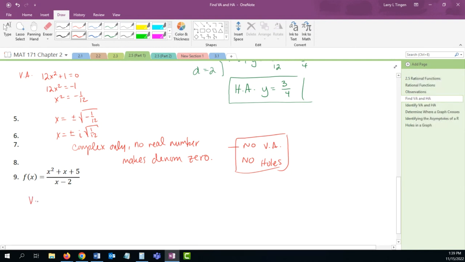So where are my vertical asymptotes? I've got a vertical asymptote when x minus 2 equals 0, or when x is 2. What about the horizontal asymptote?